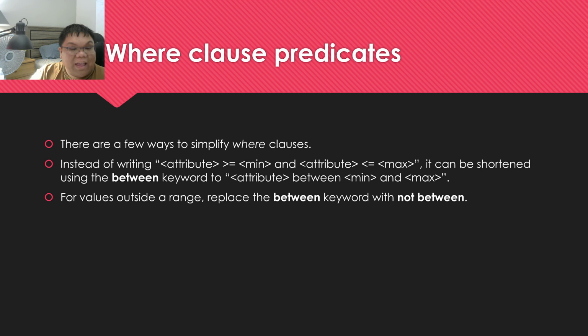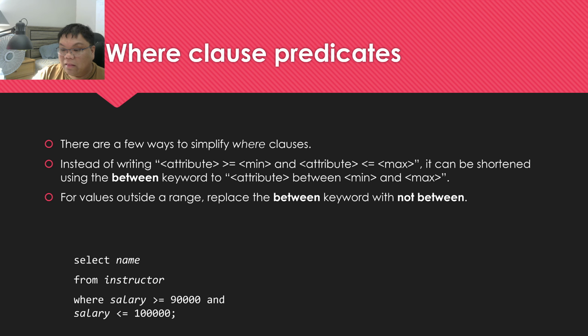That's a mouthful, and that's why we can use the between keyword to say attribute between min and max. And the opposite of that is not between.